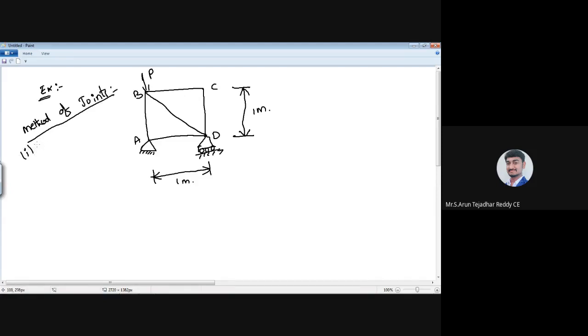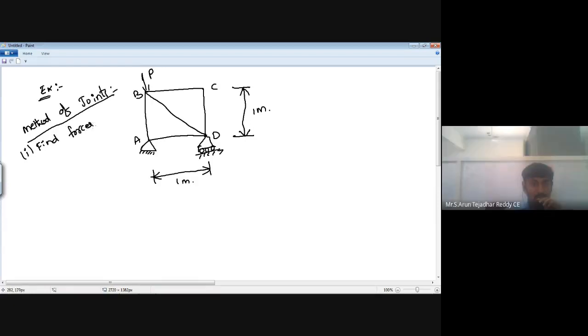The first question is find forces in the members. In the second part, find the zero force members.